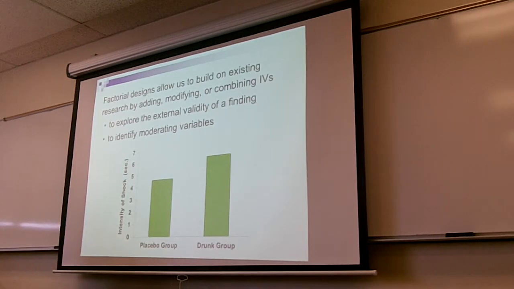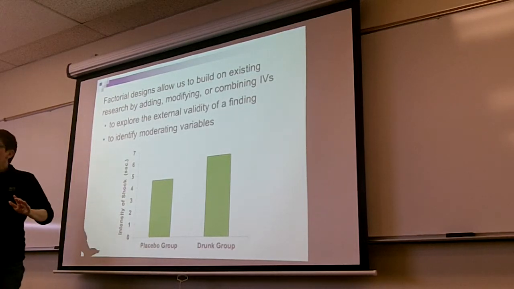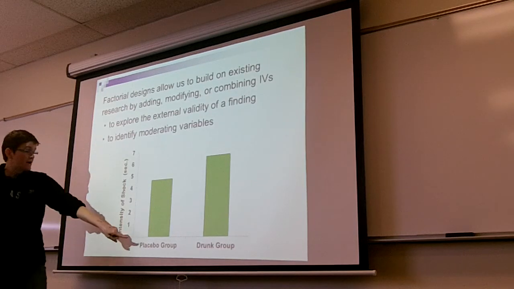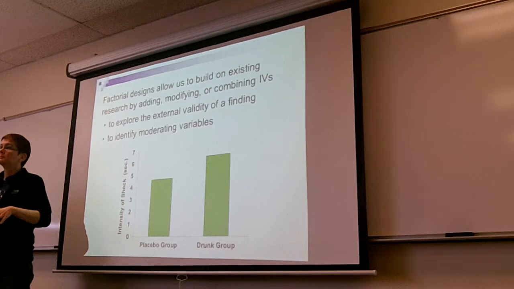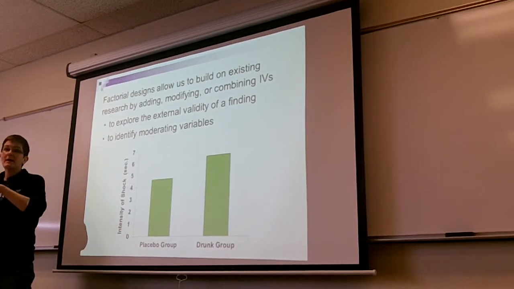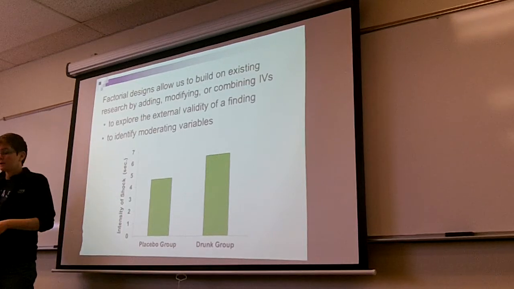When men are drunk, they're more likely to give harder electronic shocks to other men. All right? But that's just one factor, right? That's one IV. We've got a placebo group and a drunk group, so there's our experimental group and our control group. Just one IV, right? Either they got alcohol or they didn't. One DV, the intensity of the shock.